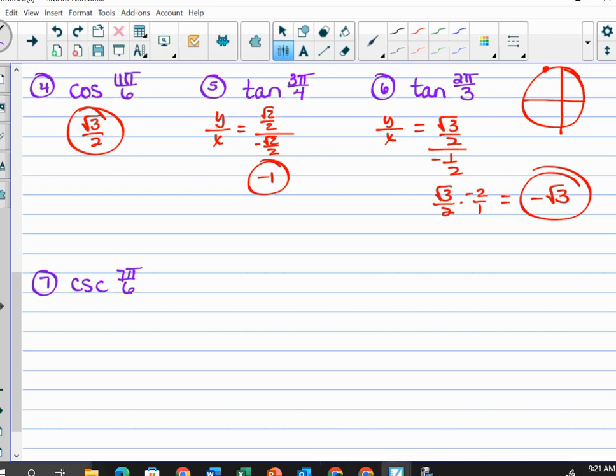Wait, is it just 1 over 1 over? Is it just negative? I will let you guys get there, and then I'll show you probably an easier way than what you were trying to do. It's r over y. And if r is 1, then it's just 1 over negative 1/2.